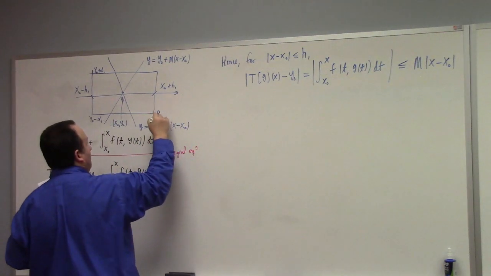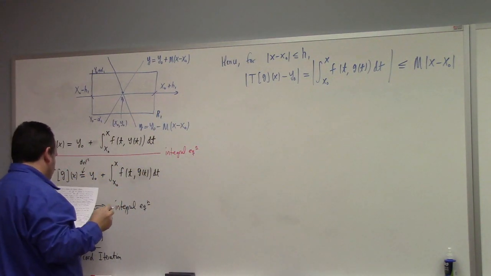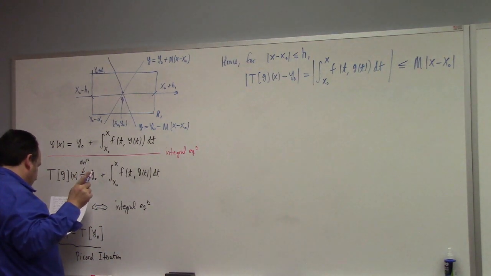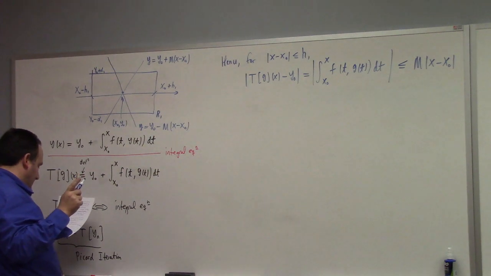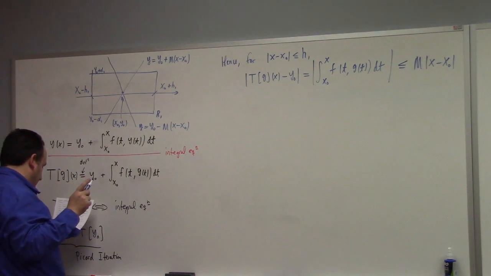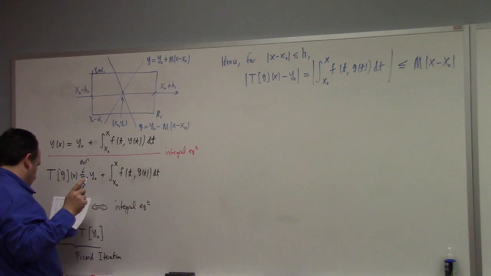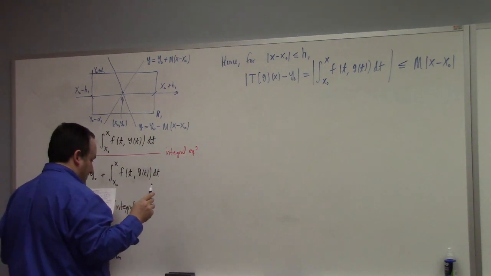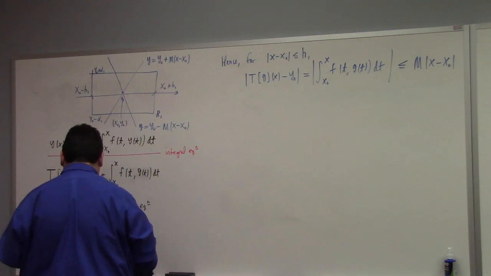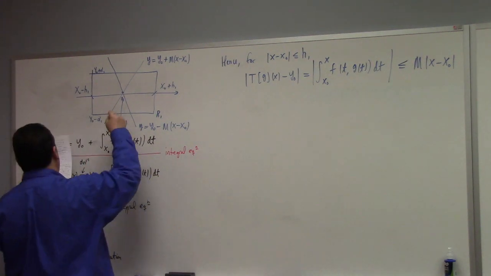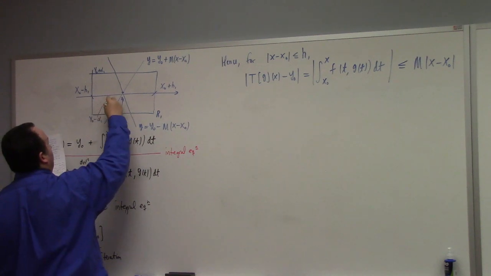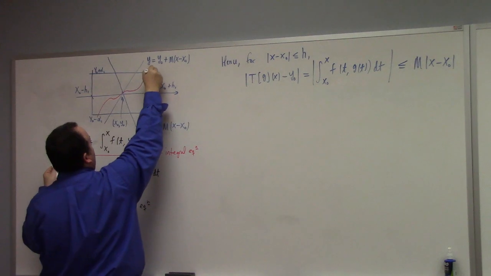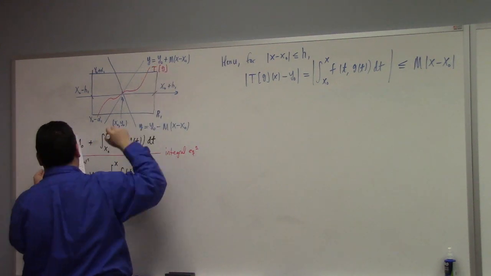And he says to keep T(g) inside R₁, we need h less than h₂. Let's see here. I have a picture something like this, and here's a hypothetical picture of T(g).